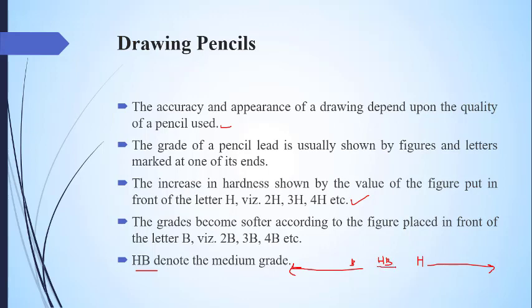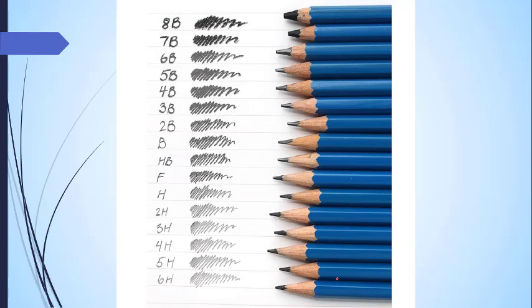This pencil is of medium grade. The grading for H shows the hardness of a pencil, and the pencils B1, B2, B3, or 2B, 3B, 4B, etc. show the softness of a pencil. Here you can see 6H, 5H, 4H, 3H, 2H, and H. These are harder. Now here HB, B, 2B, 3B, 4B, 5B, 7B, and 8B. These are the softer pencils.